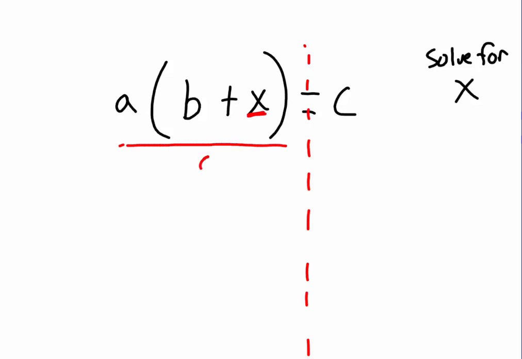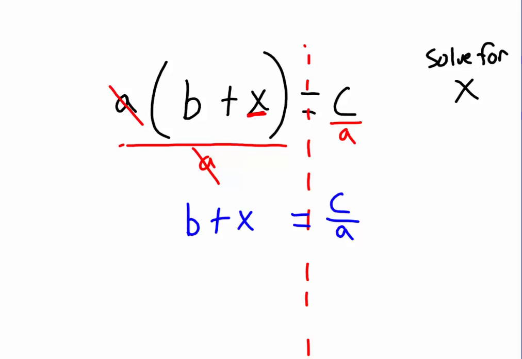I'm just going to divide by A. And if I divide by A on one side, I need to divide by A on the other side. These cancel and become a 1, which makes it kind of disappear. And we end up with B plus X equals C divided by A.